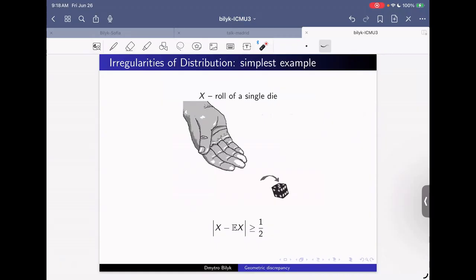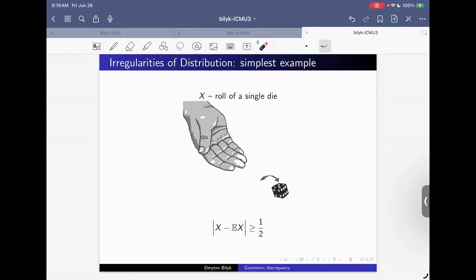You can also state that the main principle of irregularities of distribution is that things cannot get too close to their average value. And here is a very simple example, which we will actually use a little bit later in this lecture.